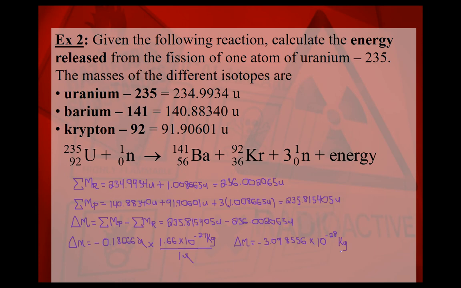Now I need to calculate the amount of energy released. We're going to use Einstein's equation, the mass-energy equivalence equation. So delta E is equal to delta M C squared. Just plug the numbers in.